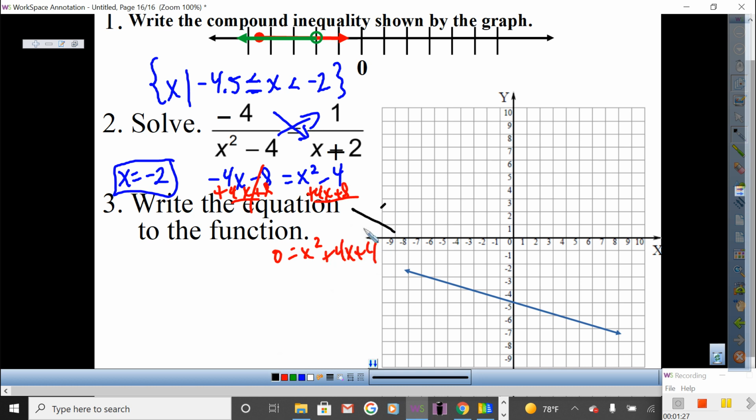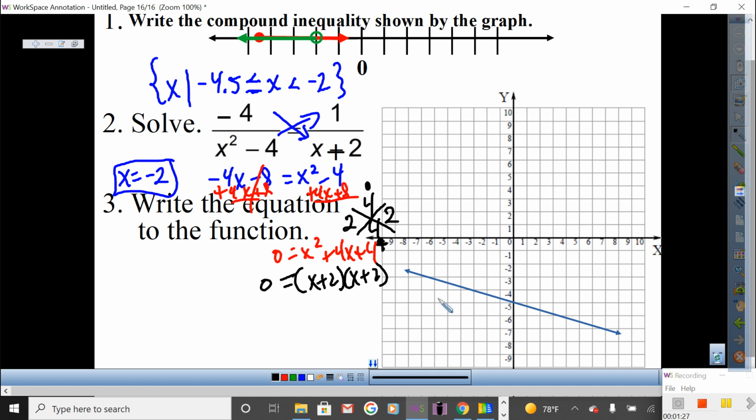And then from there, what 2 numbers multiplied to give me 4 that when you add them give us 4? 2 and 2, which means x plus 2, x plus 2. Set those equal to 0, and we can only get one solution, which is x equals -2. Okay. Raymond, pass someone.